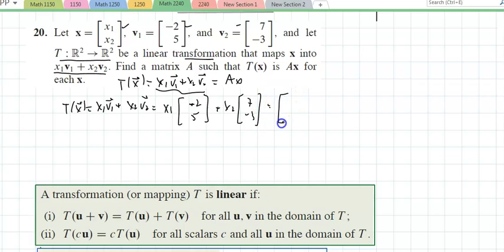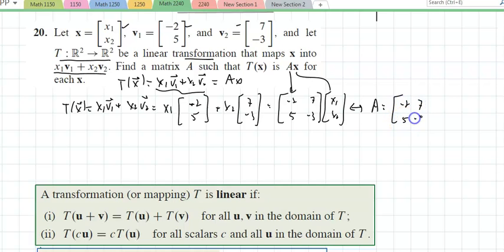And wouldn't that simply be negative 2, 5, 7, negative 3? Do you remember we talked about that? So there's x. What's A? So A is simply negative 2, 7, 5, and negative 3.